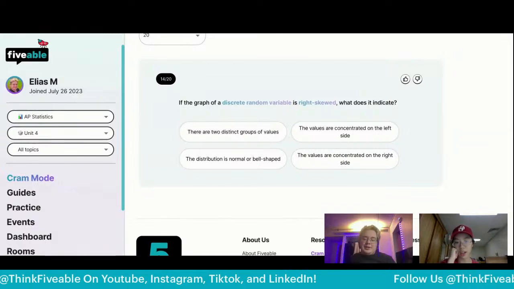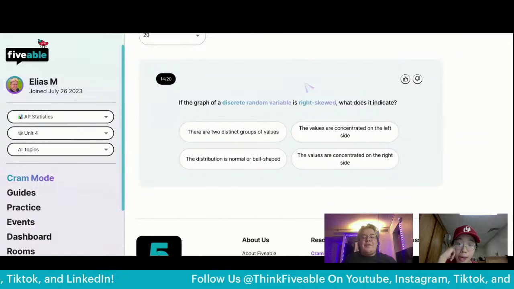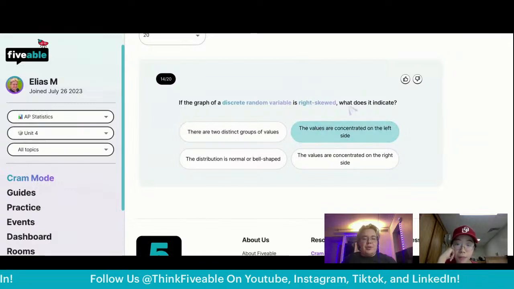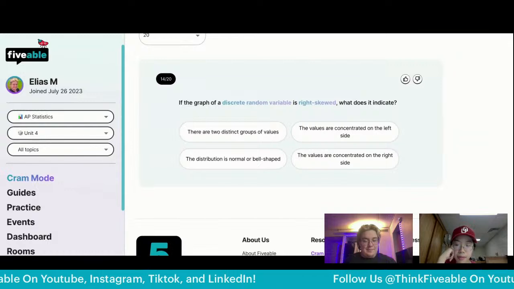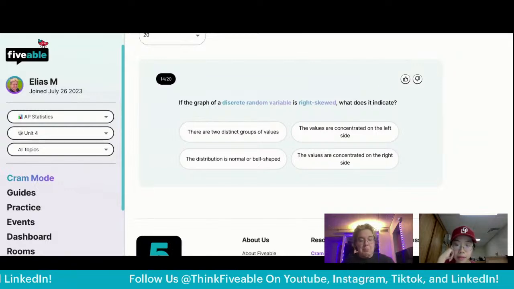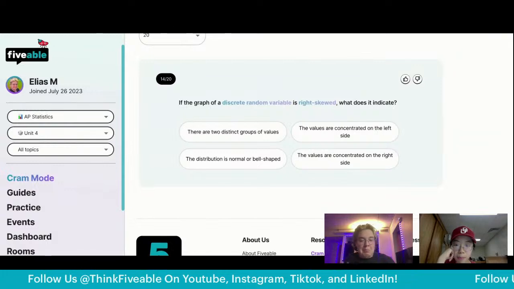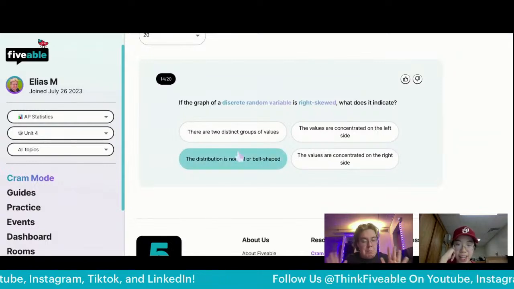Agreed. Awesome. So if the graph of a discrete random variable is right-skewed, what does it indicate? If something is skewed, it's probably not normal.